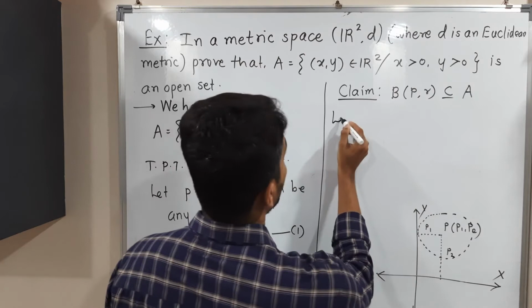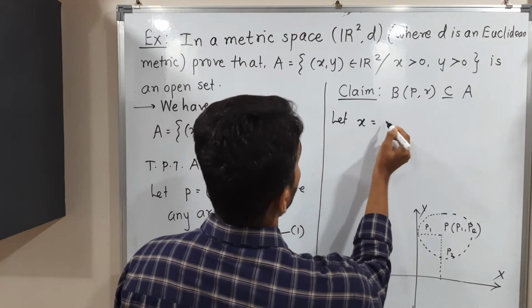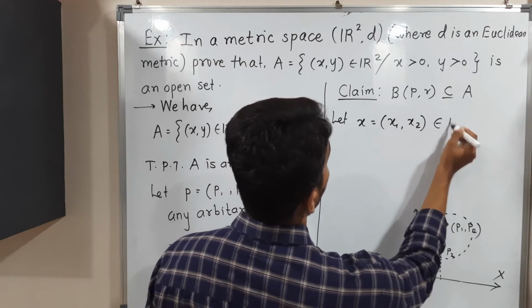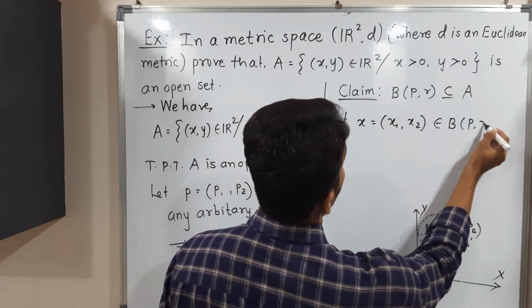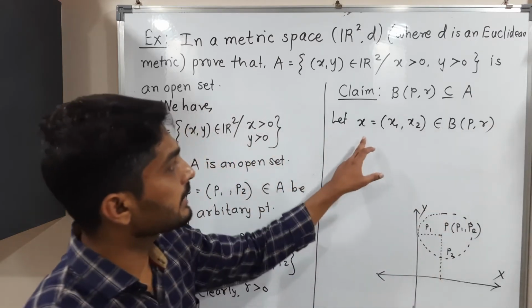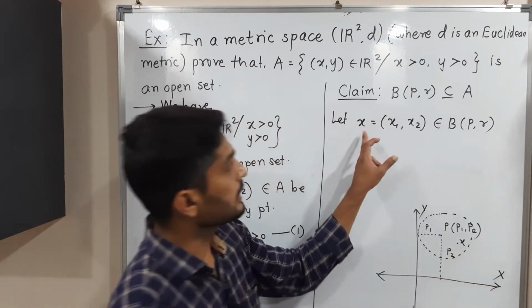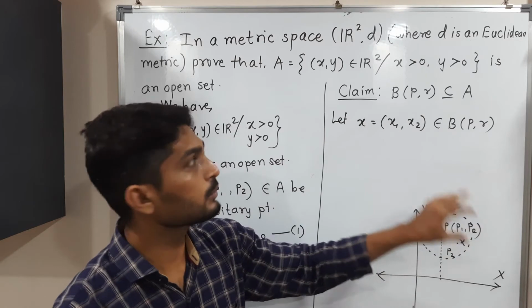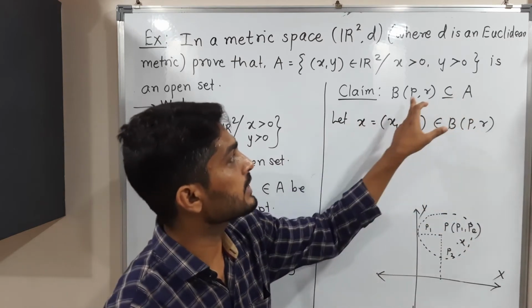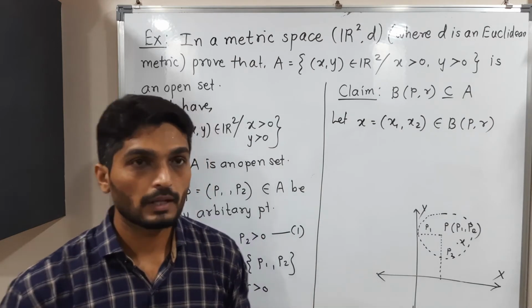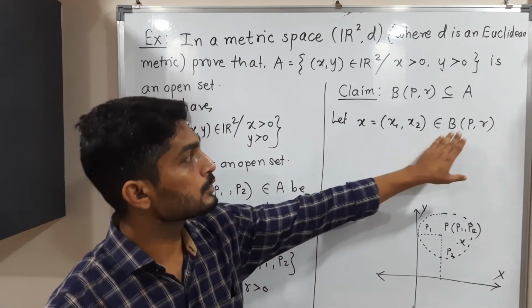So let x = (x1, x2) belong to B(P, R). That means I have selected one point x. I don't know where it is. Suppose point x is here. So x belongs to this ball. I will prove that this point is in A, and that's why this set is a subset of this one. So this is a simple thing we have. See, x belongs to this open ball.